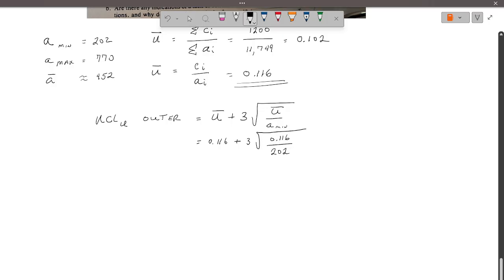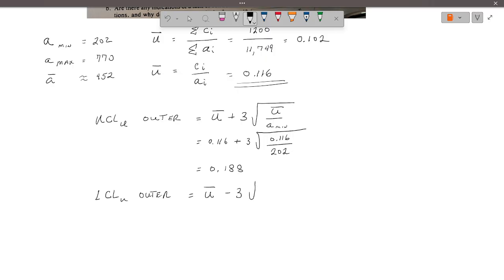All right. So when I get here, I have an outer upper control limit that's going to be 0.188. Okay. And then if I do the lower control limit for the outer, it'll be the U minus 3 square root of U over A minimum.